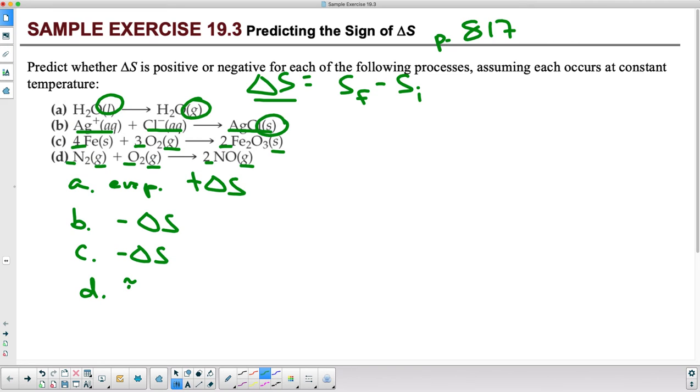You could say that the delta S is going to be pretty close to 0 because the state of the reactants and the state of the products is not much different according to the information that we have. So we don't know exactly which way the delta S is going to go.